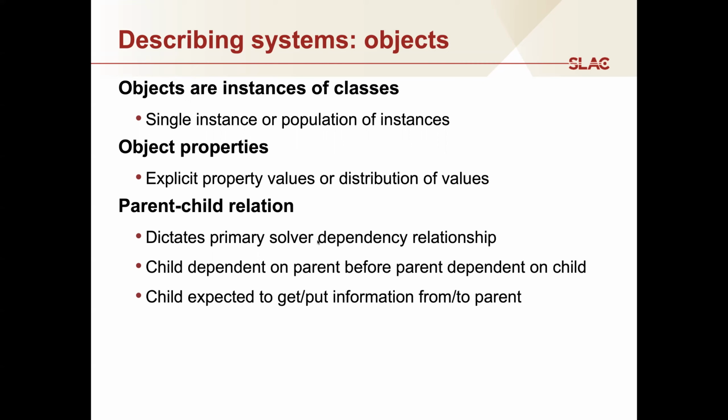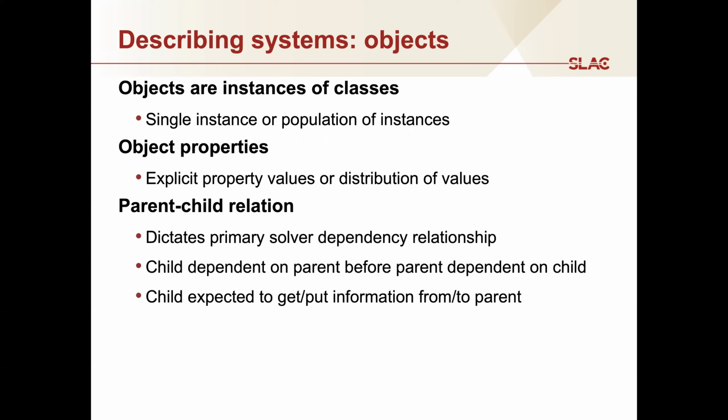One thing that's very important to understand in Gridlab-d is there is what's called a parent-child relationship. And that parent-child relationship dictates how the solvers work. So it's not used in any other manner. It's really just to help the solvers know which objects have to be solved before which other objects.